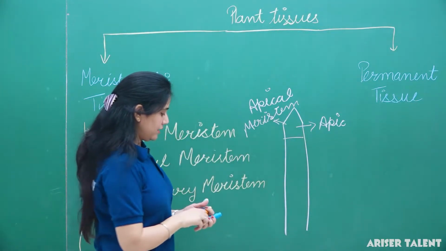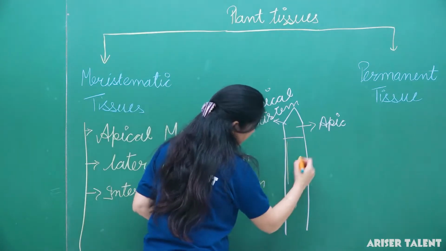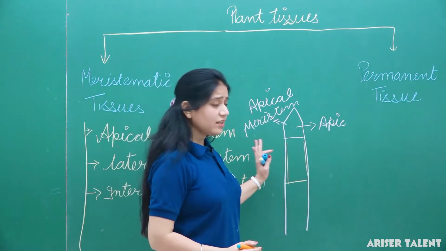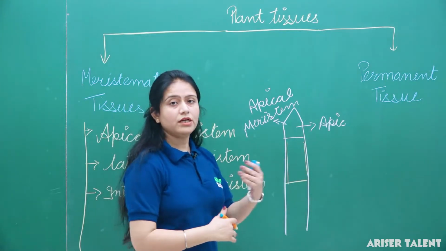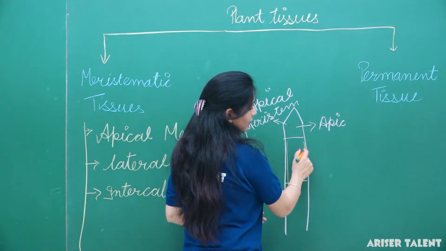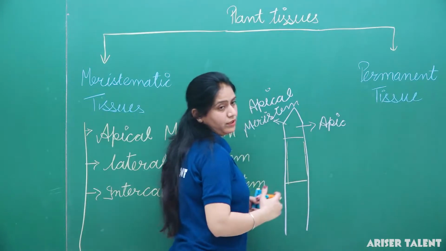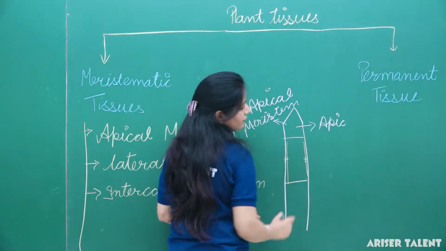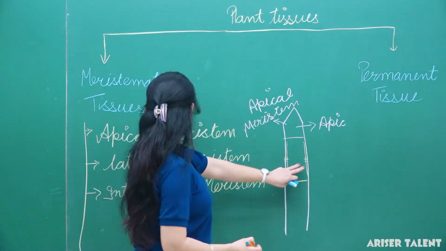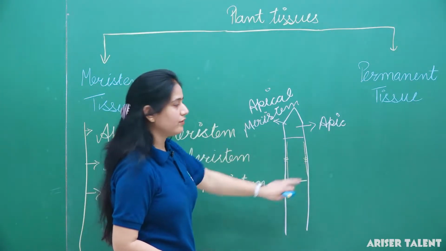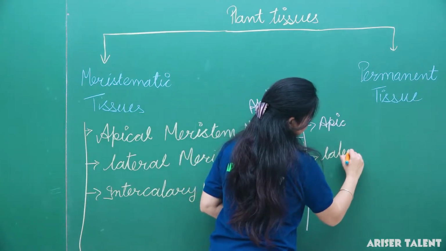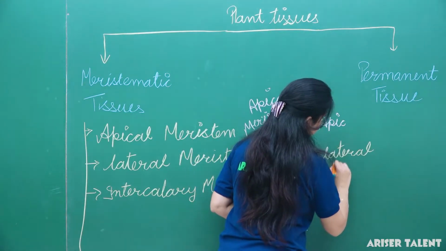Now, this is the lateral part, which grows in girth, meaning it increases the thickness of this lateral part. This kind of meristem is called lateral meristem.